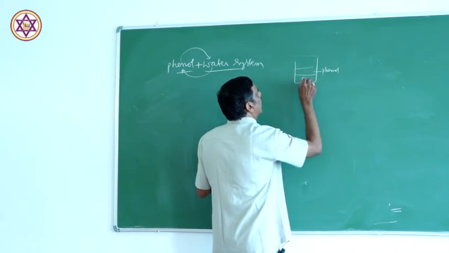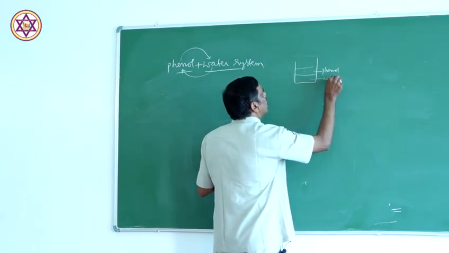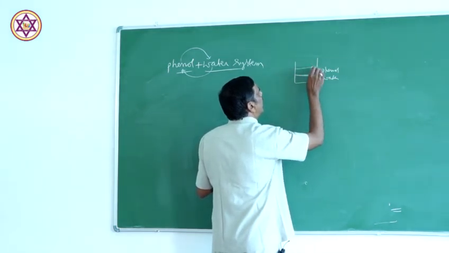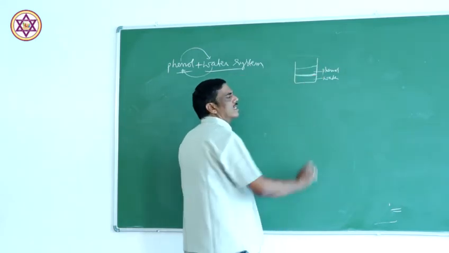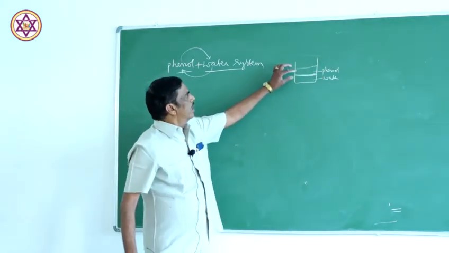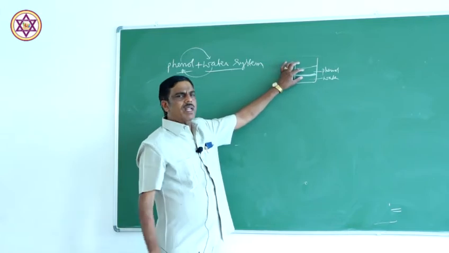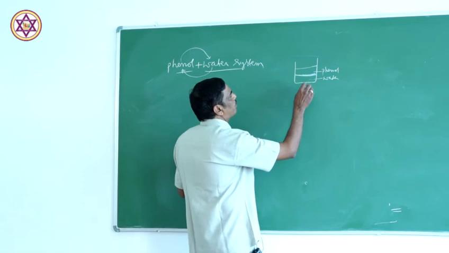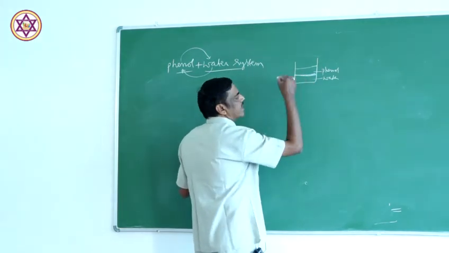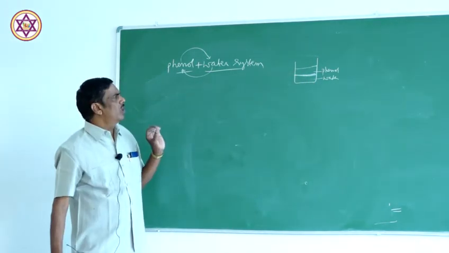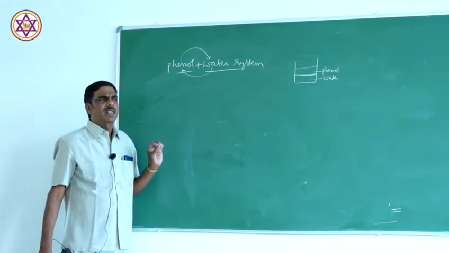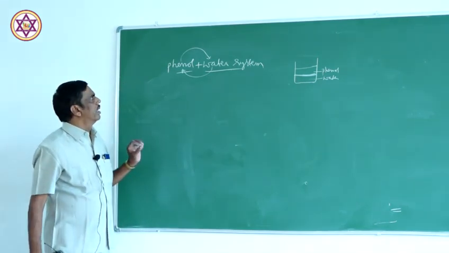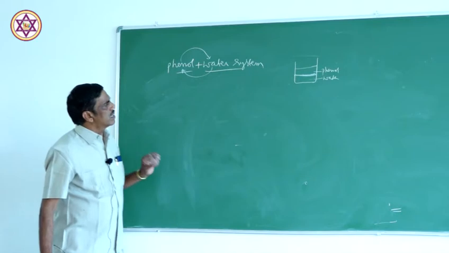These two layers are separated, but the phenol contains a little water and the water also contains a little phenol. There is separation because there is only a small amount of solubility.